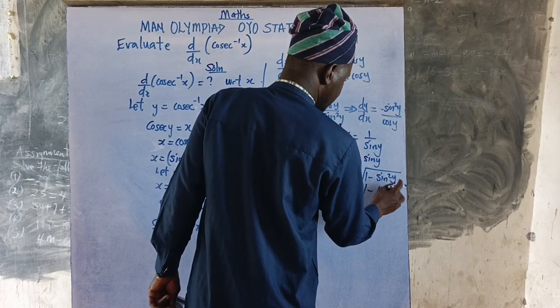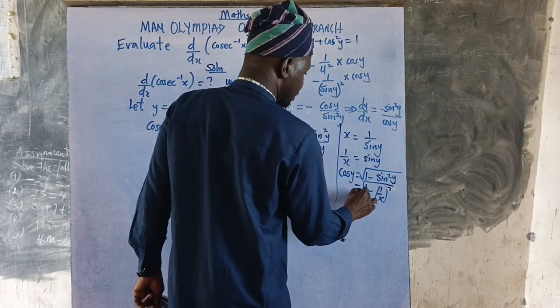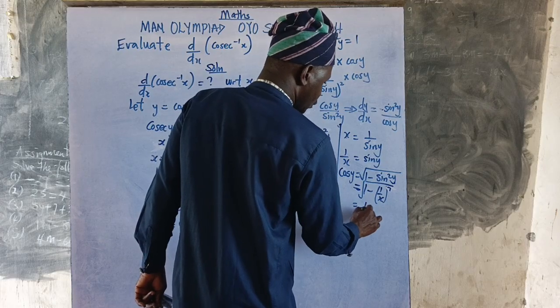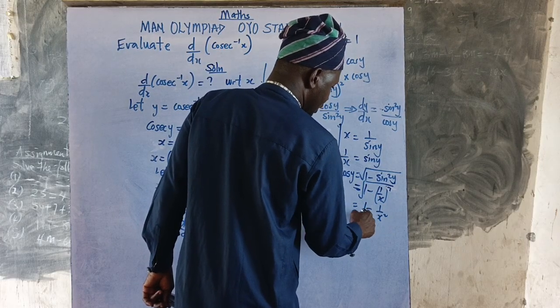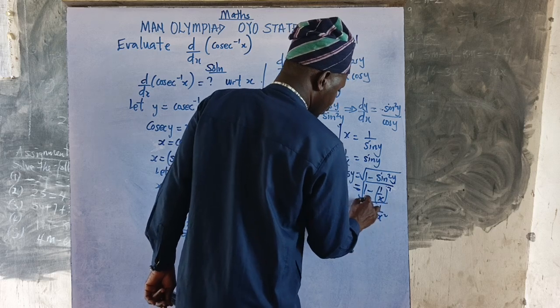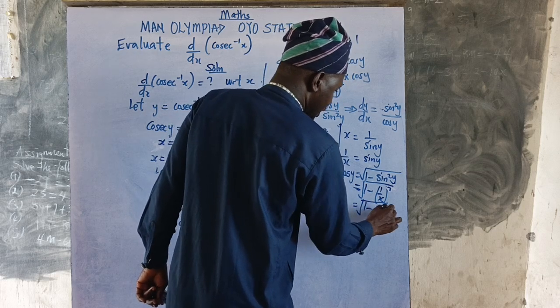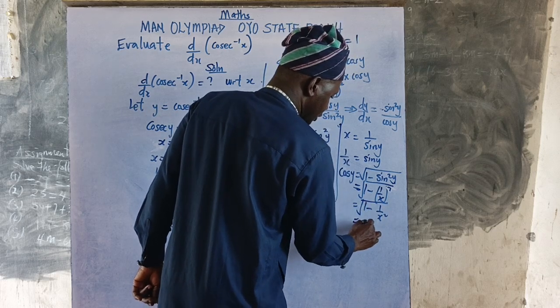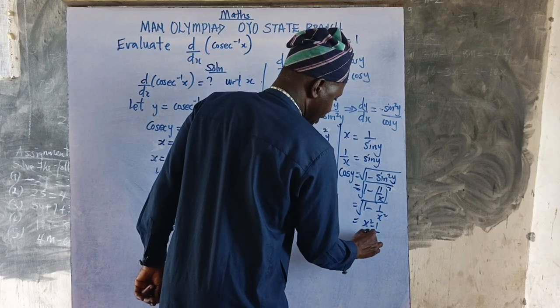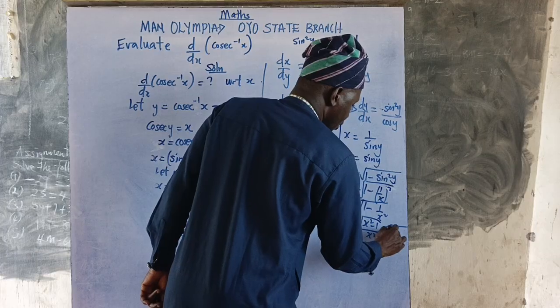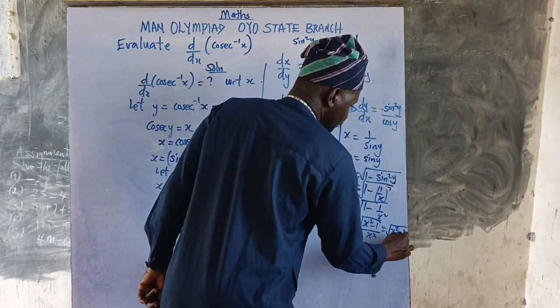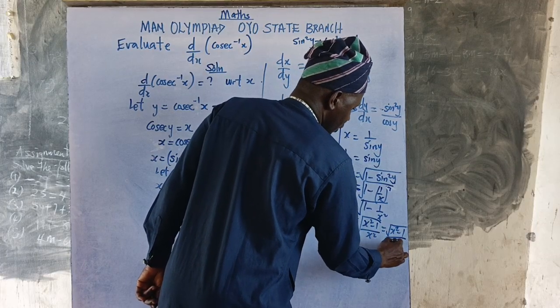Then we evaluate the square root, which will lead to the square root of 1 minus 1 over x square. 1 square is 1, x square will be x square. When you take the LCM, you are going to obtain x squared minus 1 divided by x squared. And when you evaluate the square root, we have the square root of x squared minus 1, divided by the square root of x squared, which is x.